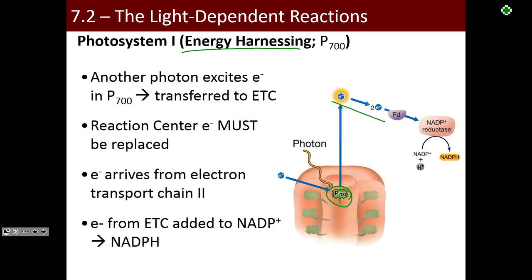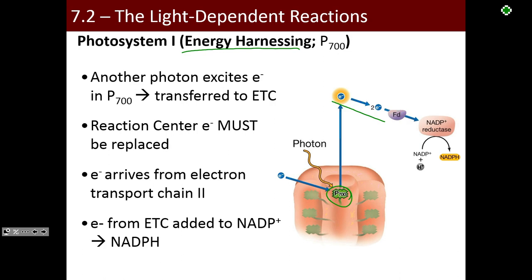When that happens, just like before, the electron has to be replaced. But now we have an electron coming from the previous photosystem, coming down an electron transport chain. So it just is used to replace the missing electron. It's a lower energy state electron at this point, but it's fine. It gets added to our chlorophyll.